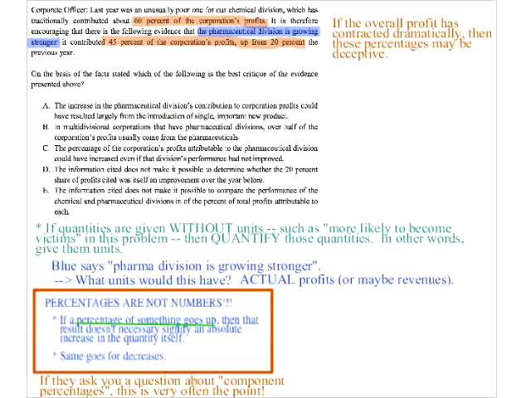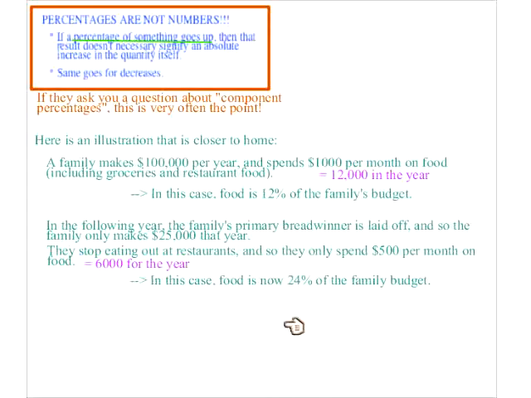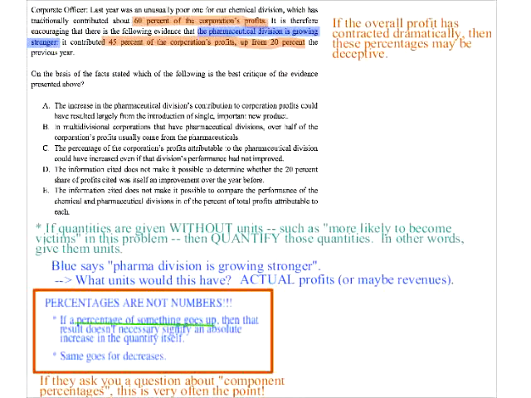And they're even hinting at the fact that overall profit has contracted. For instance, this department used to account for 60% of the corporation's profits, and it is having a very bad year. So the majority contributor of profits is suffering. This is a very extreme example just to make a point, but you probably have at least somewhat of this effect going on. And so that's a serious issue here.